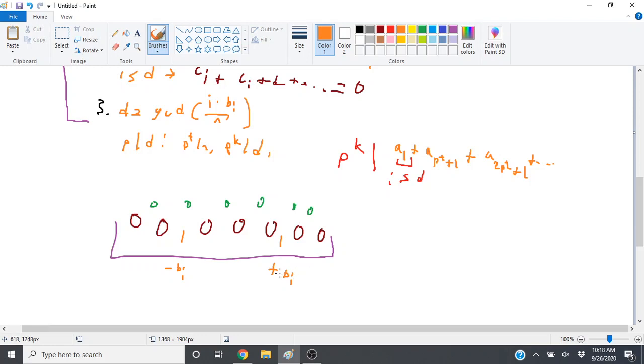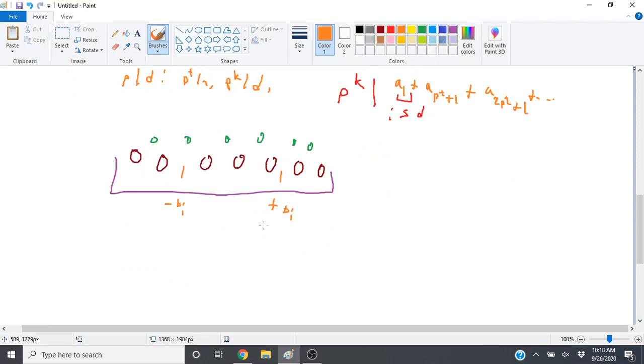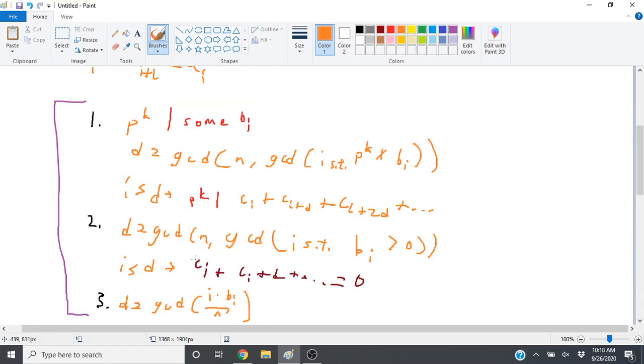Because we can make bi both positive and negative, or we can both add and subtract it. So for the first condition, we just need to maintain this divisible by p to the k.